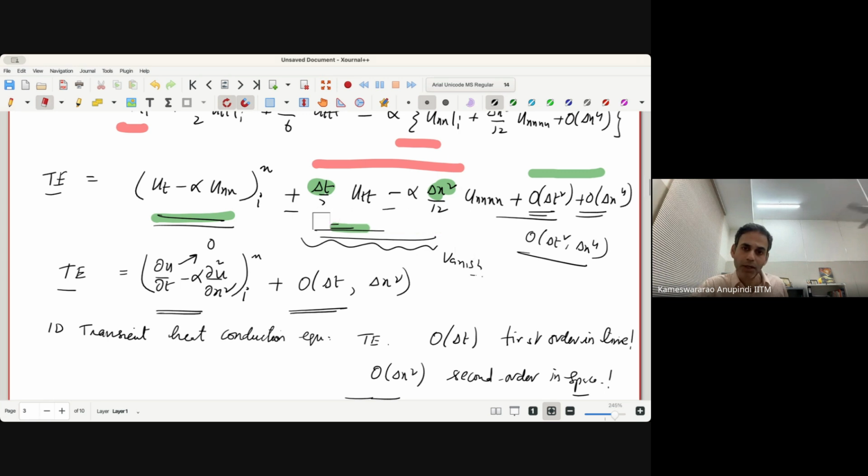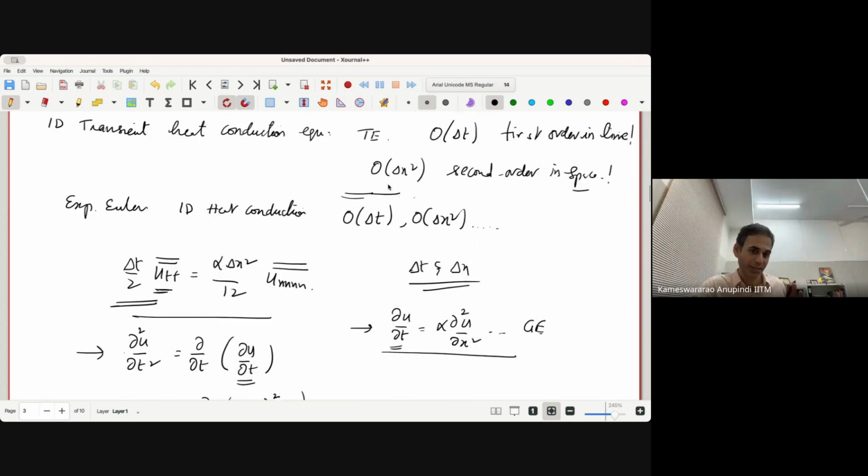So that means if you look at the truncation error, if I make delta t smaller and smaller, this term will approach 0. Similarly, if I make delta x squared smaller and smaller, this whole term approaches 0. That means because of the way the truncation error expression contains delta t and delta x, as you make them smaller and smaller, these terms become 0. As a result, this scheme can be said to be a consistent scheme.